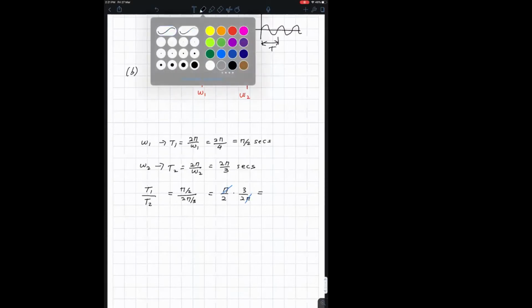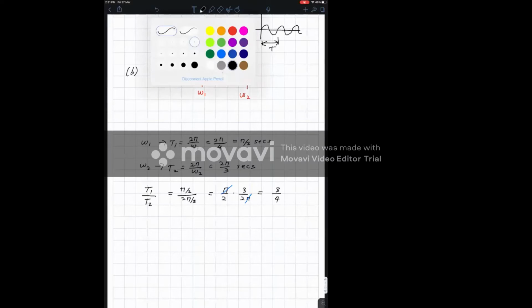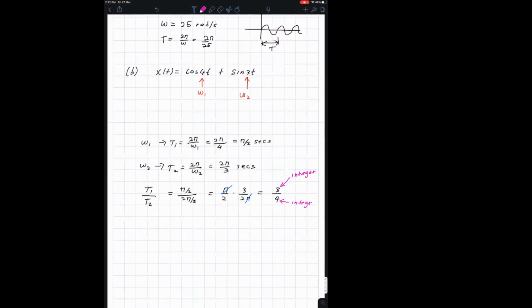You are getting a fraction. In this fraction, note something. The numerator is an integer. The denominator is also an integer. So integer divided by integer is a rational number.